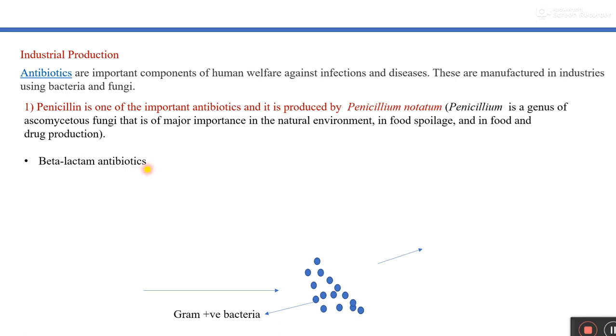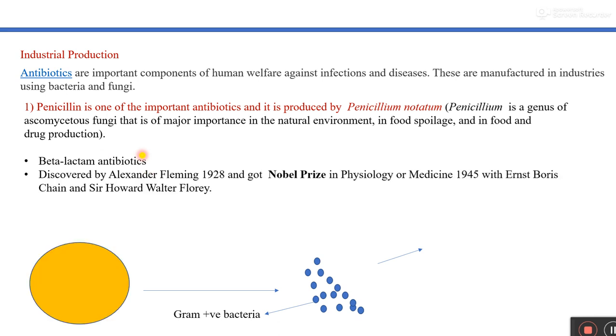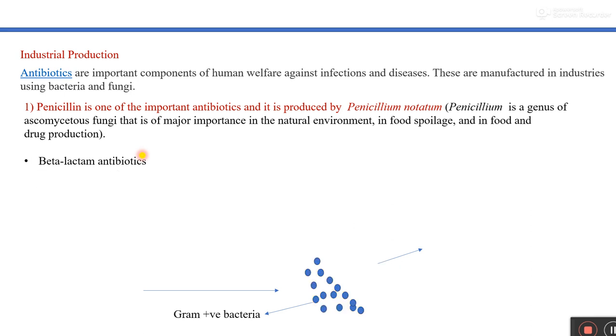Because this antibiotic has an important component present in cyclic form, and this component is known as beta lactam. And beta lactam plays a major role in killing bacteria by preventing the biosynthesis of the bacterial cell wall.